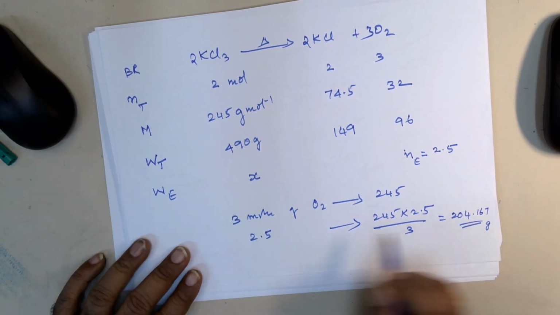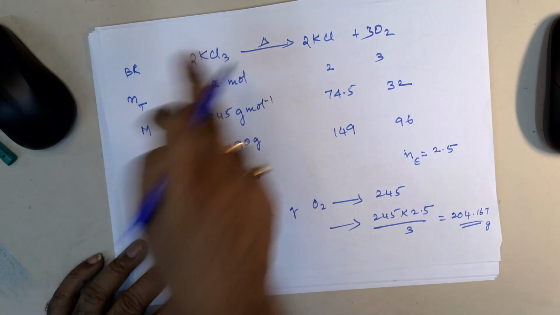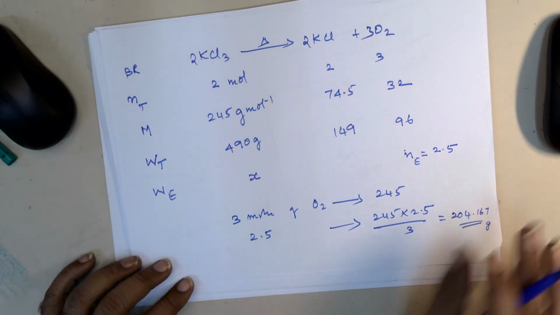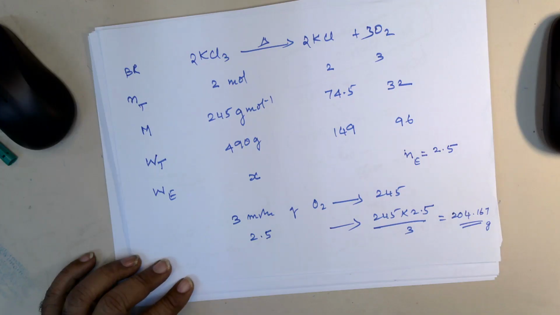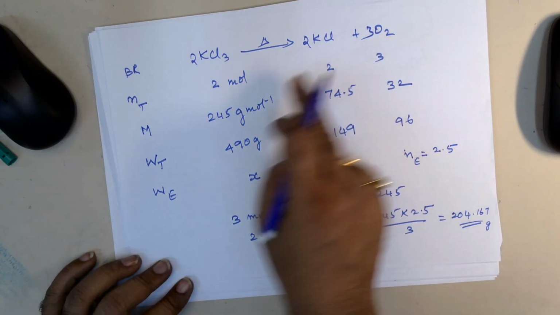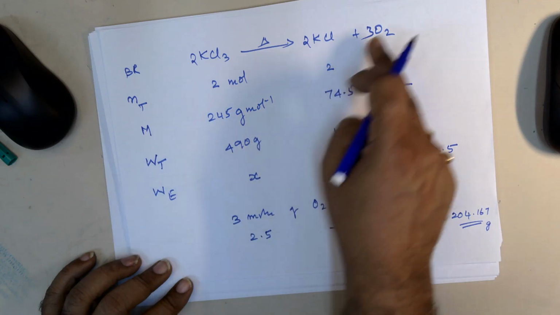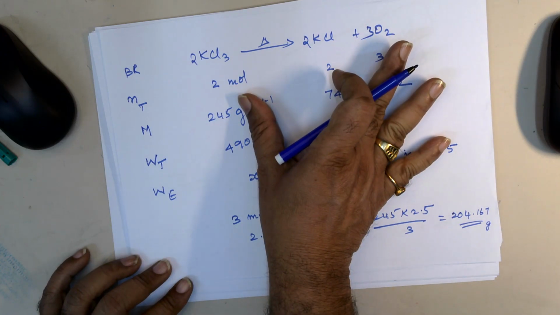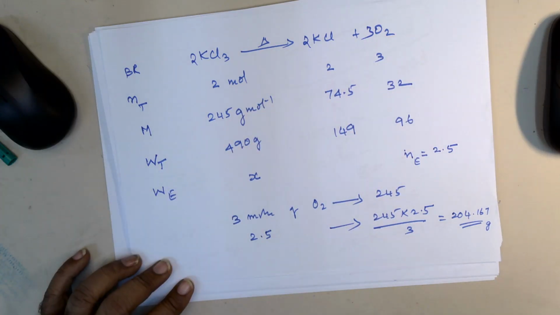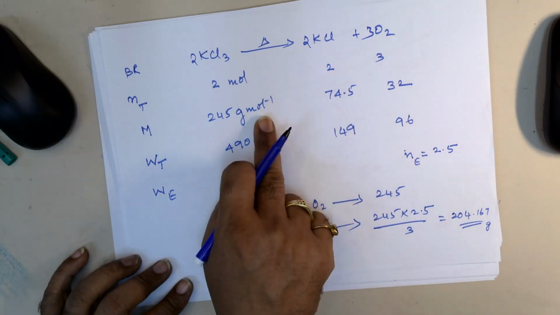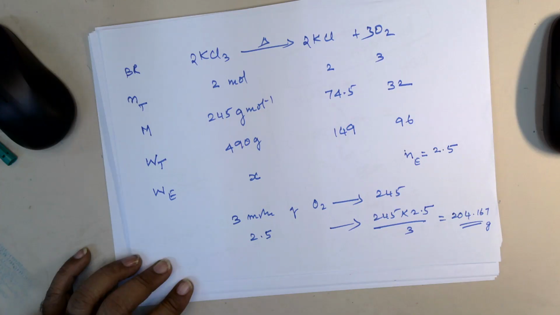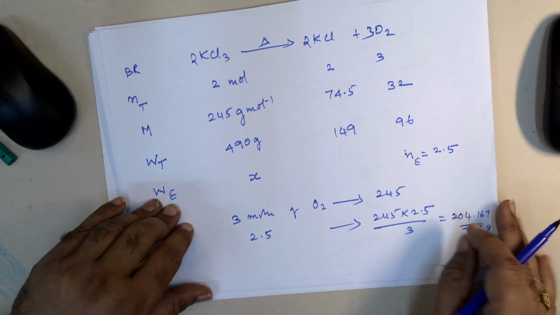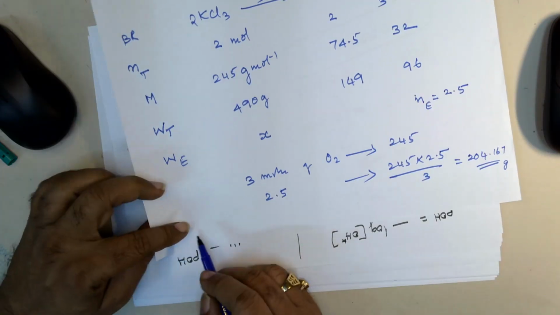This much gram of KClO3 is required. Not gram per mole. You have to say only gram, because we have taken this as gram only. For 3 mole, you are able to get 245 gram, because mole inverse is cancelled now. So 245 into 2.5 divided by 3, it means 204.16 gram.